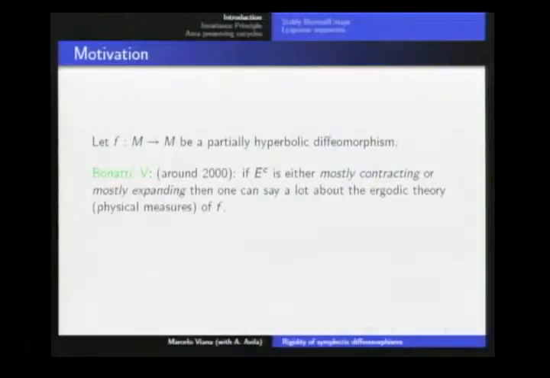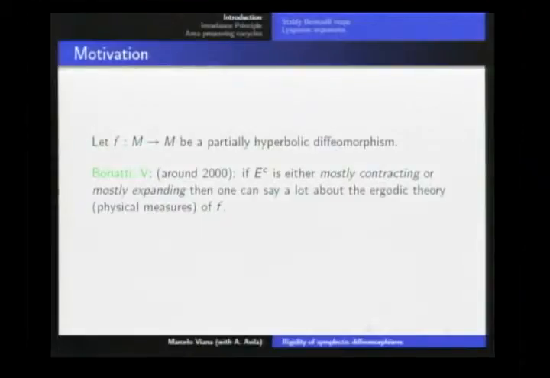What we sort of achieved at that point was, there are several results, but the general idea is what is written there: if you have a partially hyperbolic diffeomorphism whose central direction is either mostly contracting or mostly expanding, then one can say a lot about the ergodic theory.